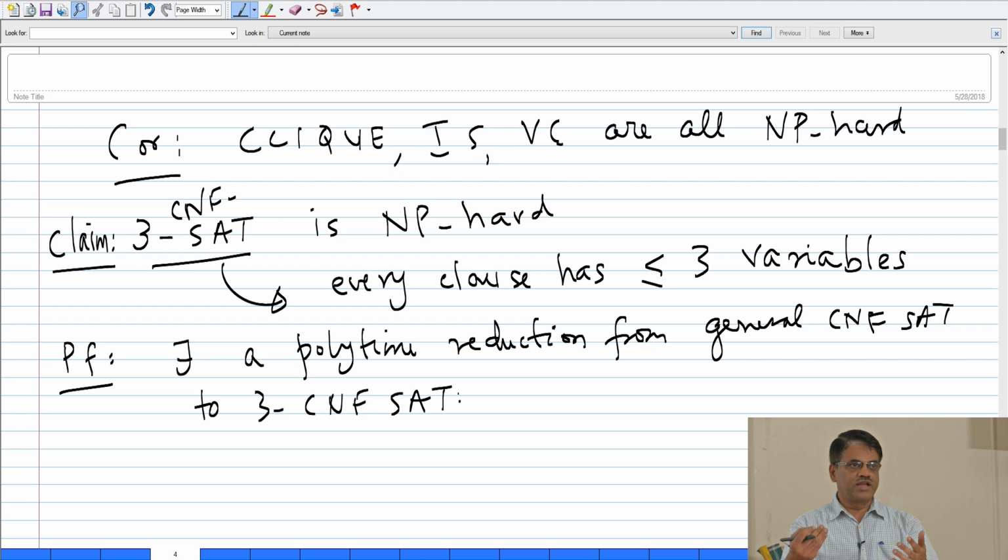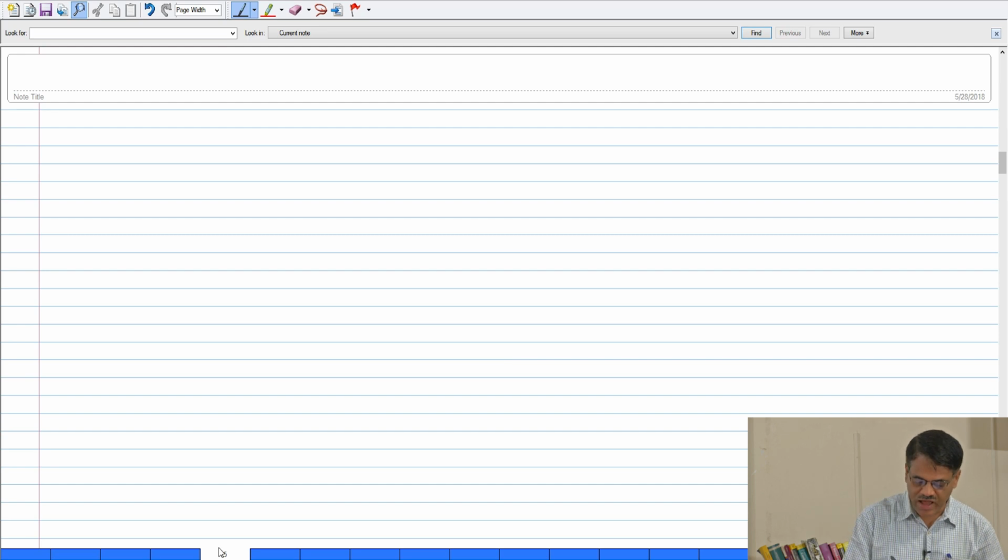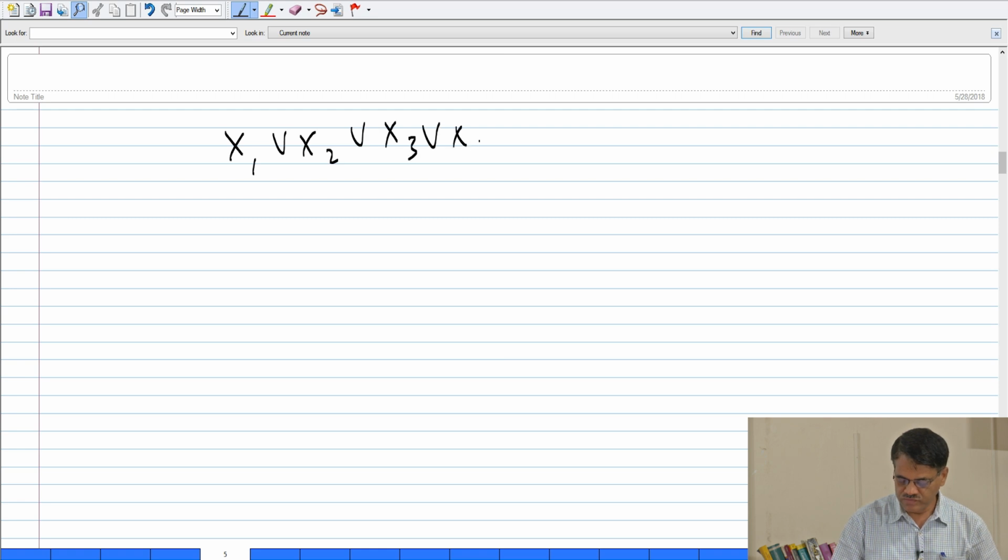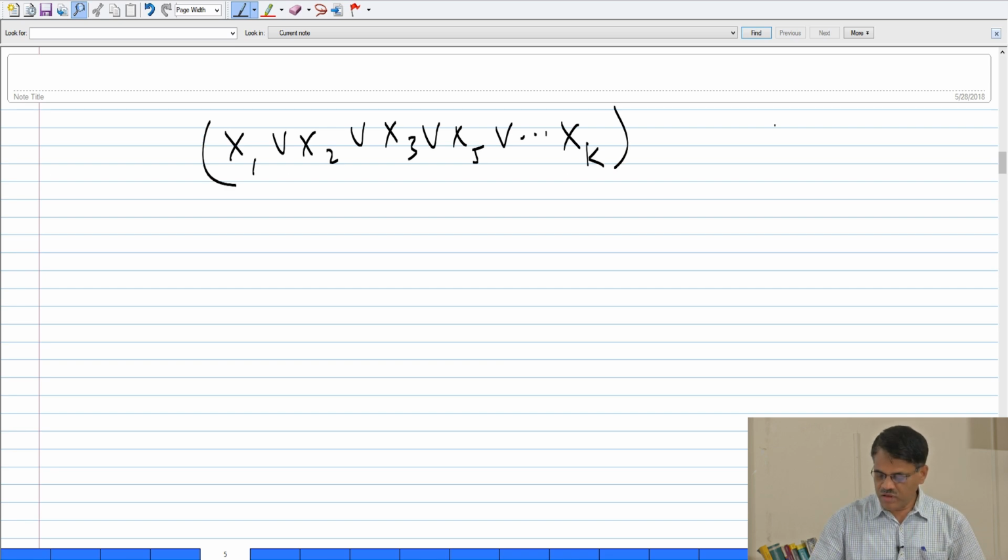The reduction function should transform it into another formula which has only at most 3 variables per clause, but it has to do it in an equivalent way, that yes should go to yes, no should go to no. So let's say, without loss of generality, I have a clause with some k greater than 3 variables. Now I want to somehow break it up into clauses of small sizes, but still they are equivalent.